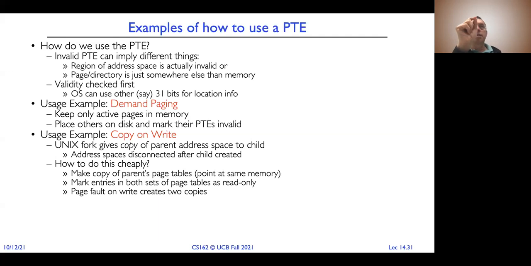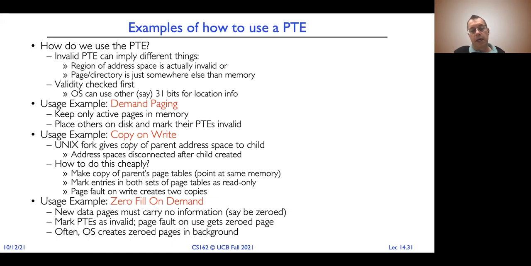When you write a page, only now are you going to create a copy of that page for the child, and now the child can write and read from that copy. But as long as you only read, you can read from the same physical memory, which is shared with the parent.